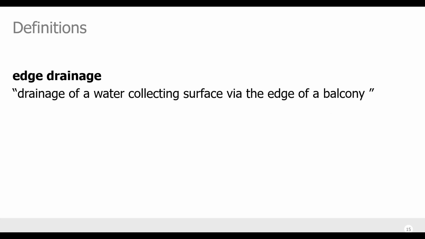It talks quite a bit about edge drainage. There's a lot of discussion in the industry about should balconies or can balconies be drained off the edge of the balcony. This gives rise to potential problems if the design is not properly and carefully undertaken, and so the matter of edge drainage is discussed in some detail in order to prevent those problems, and a definition is given: drainage of water collecting surface via the edge of a balcony.